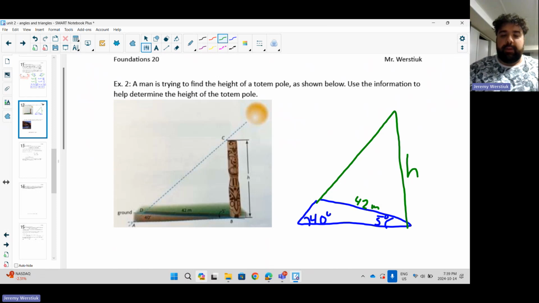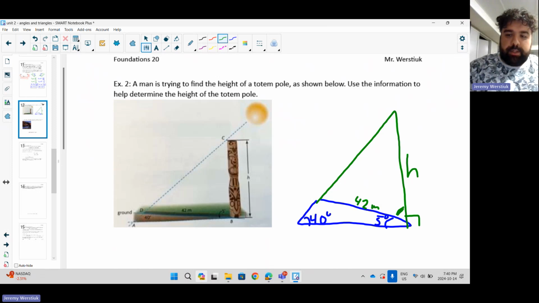So where might be a starting point? Well, let's see. Can I fill in any more angles? What I do see here in this diagram, if I look at the bottom right of the totem pole, I see that it's indicated I have a right angle there, which means that these two angles right here should add up to 90. Well, that little one there is 5 degrees.